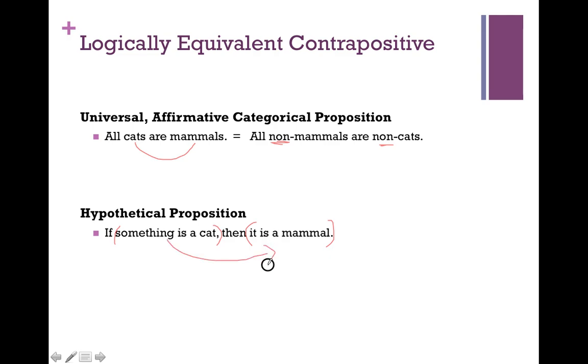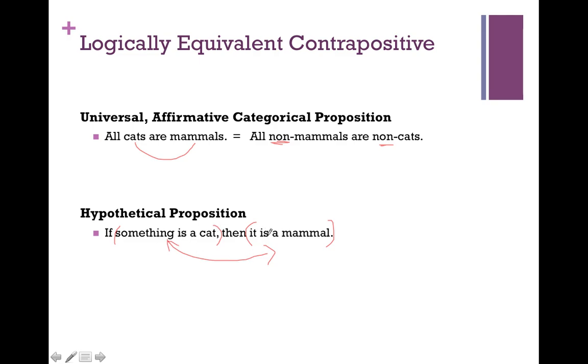We're going to do something similar. Up here in the first proposition we said subject and predicate, but down here we're going to swap the antecedent with the consequent, and then we're not going to use non, because you don't say non to a proposition, you say not. You say a proposition is not true, you don't say it's non-true. So instead of using non, we're going to use not.